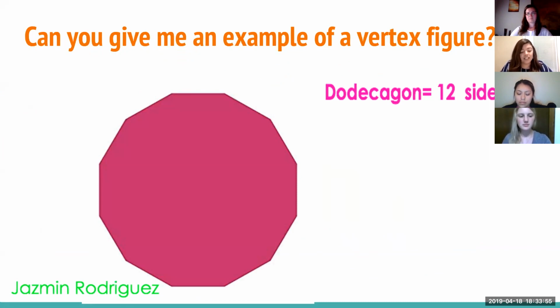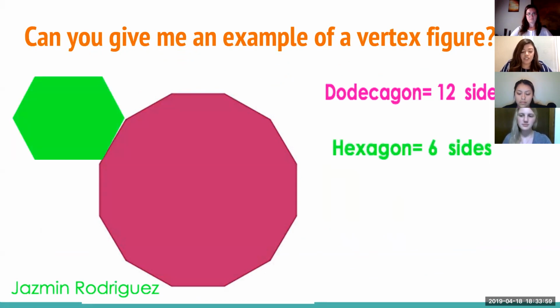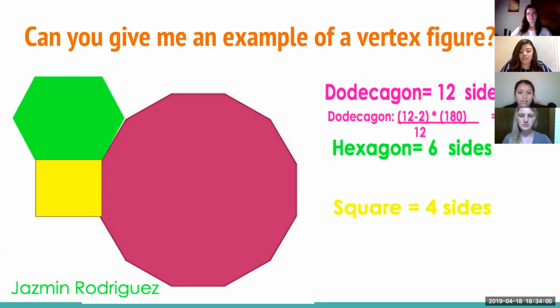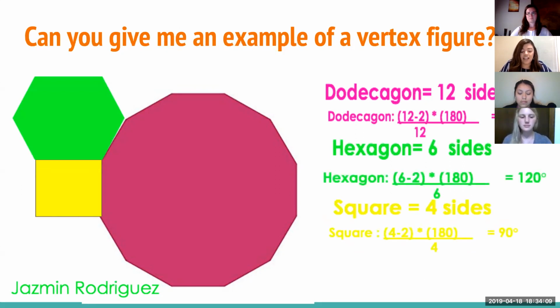We will use a hexagon, which has 6 sides, and a square, which has 4 sides. When we figure out their interior angles, we see that they're 150 degrees for the dodecagon, 120 degrees for the hexagon, and 90 degrees for the square. When we add them up, they add up for a total of 360 degrees. This means that this makes a vertex figure.